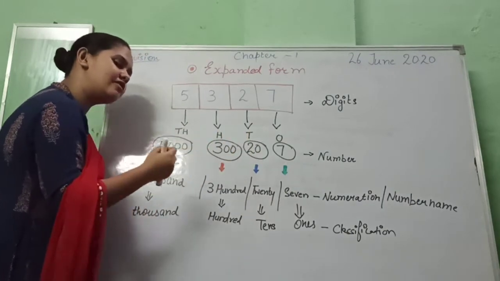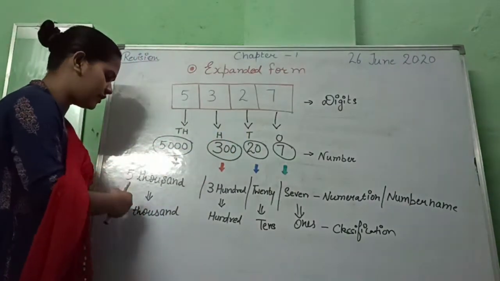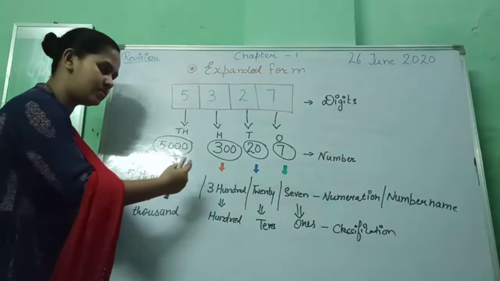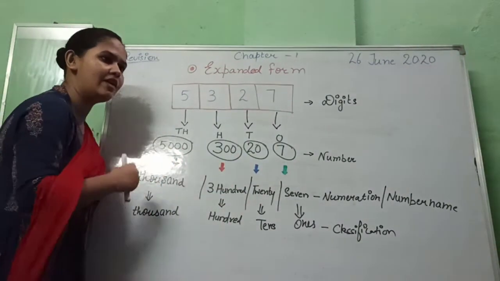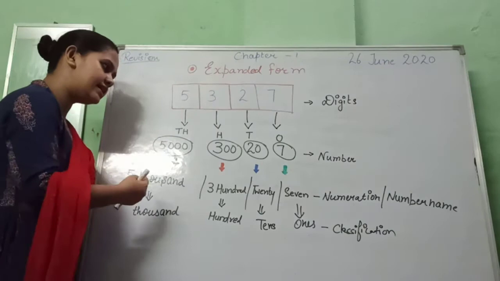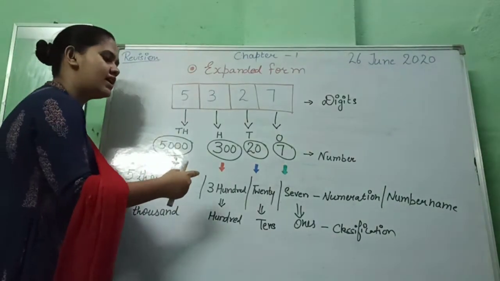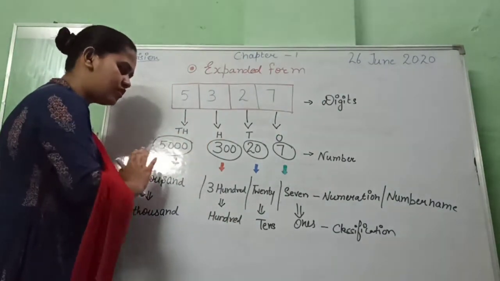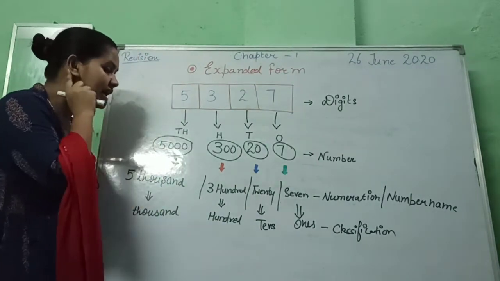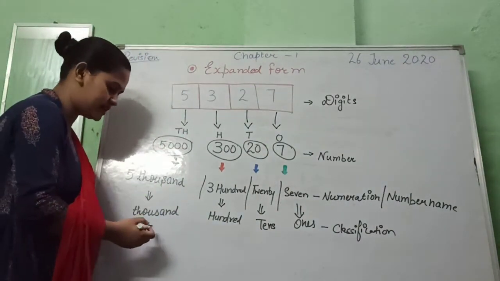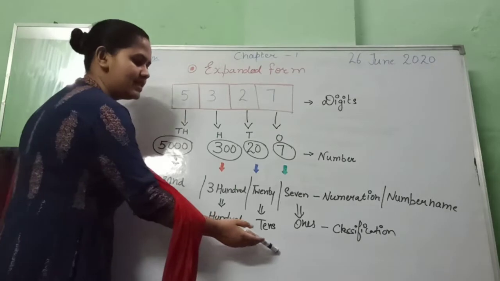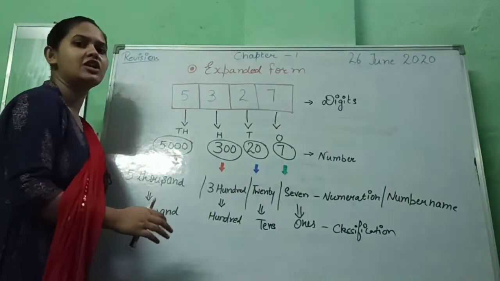Number names are always given in the English language. When we speak it and read it as 5327, it's very simple. But when we classify them, we always classify them as thousands, hundreds, tens and ones. This is the classification of our digits.